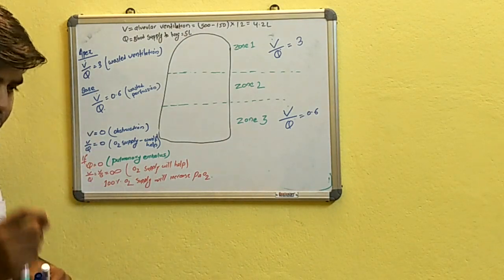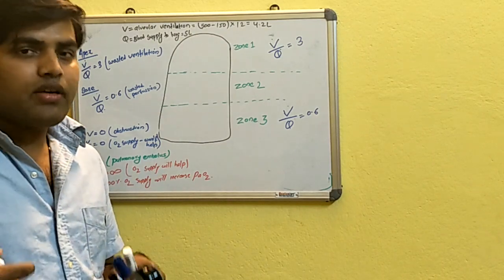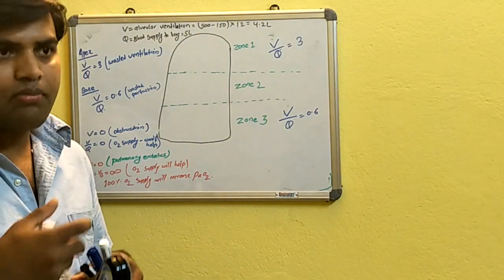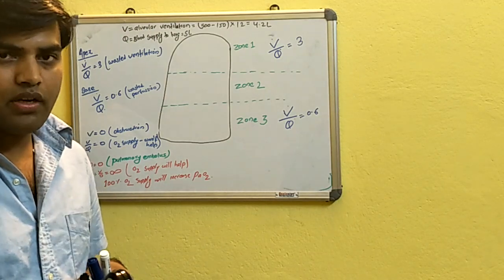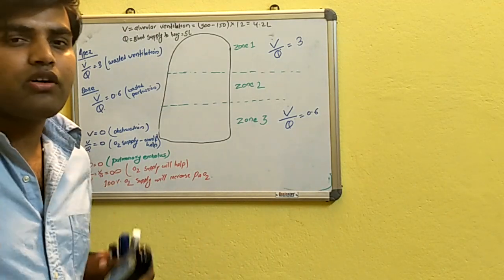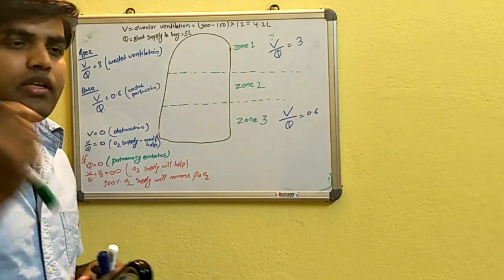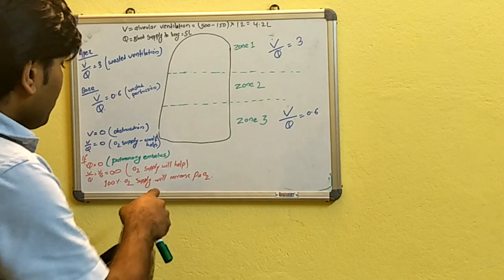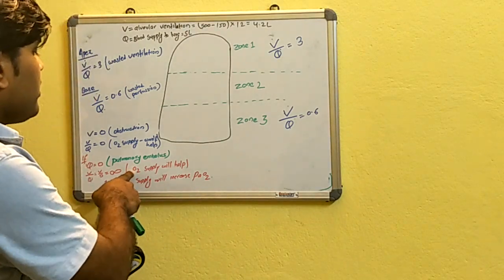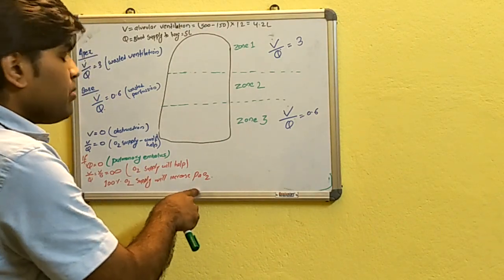In this case, normally we think that even though the pulmonary embolism is there, it doesn't lead to 100% obstruction, or there may be a collateral blood supply. That means some blood must be going there, and because of that, if you increase the oxygen supply, then it will increase the PO2.